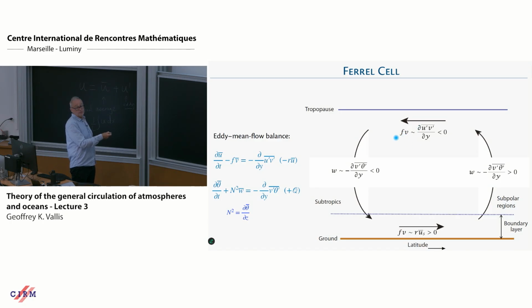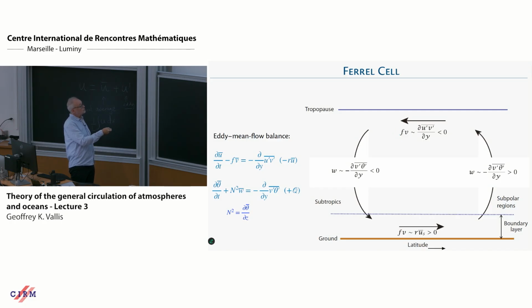F is the Coriolis parameter, V is the meridional wind in the north-south direction. That's balanced by the eddy convergence of momentum. And that is of a particular way that gives you a wind which is blowing from north to south.